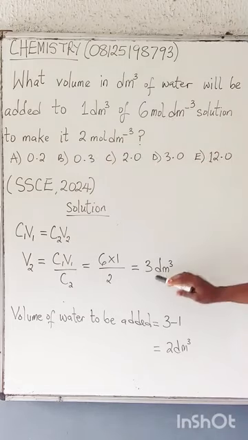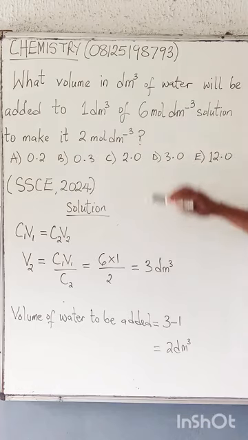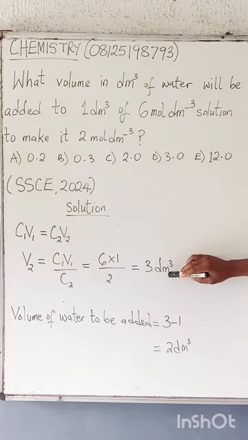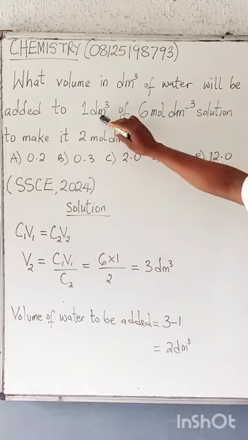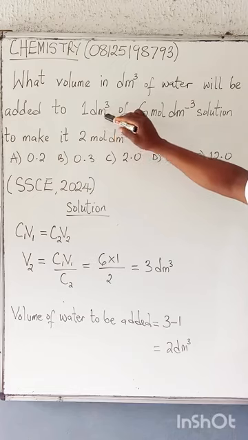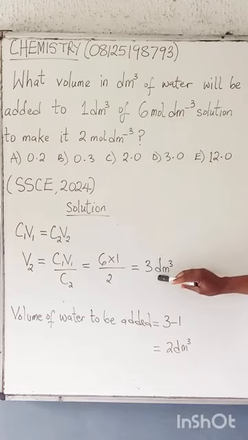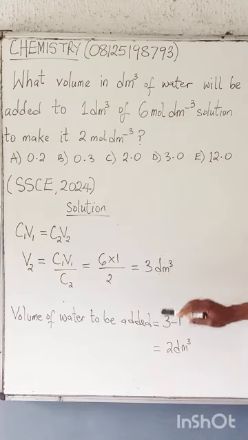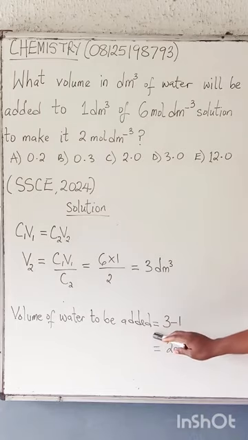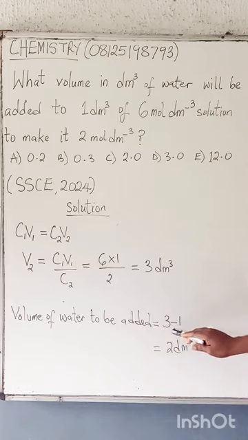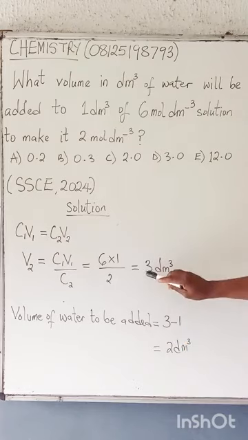Now we've gotten the volume of the second solution, the reagent solution. But already the stock solution has a volume of 1 dm cubed. Do you understand? The final solution, that is the reagent solution, should have a volume of 3 dm cubed. So how are we going to get the volume of water to be added? We're going to do 3, take away 1. This 3 is this one here.